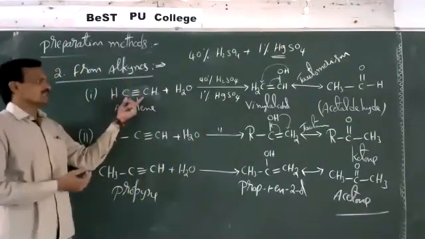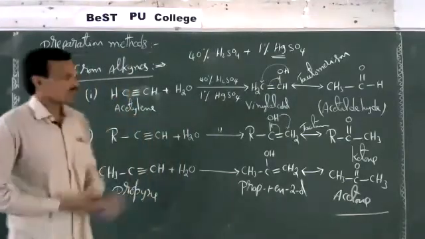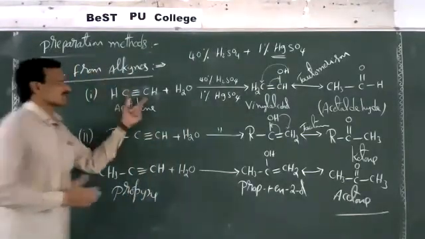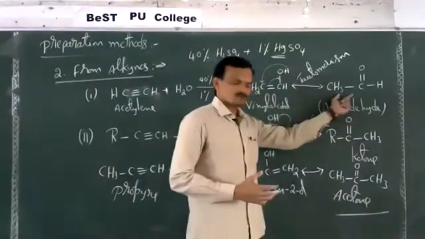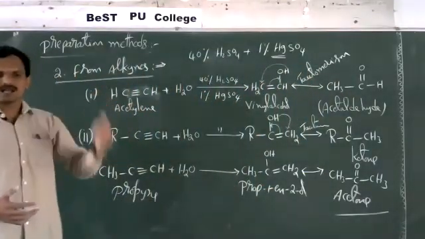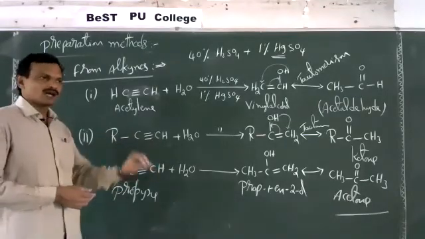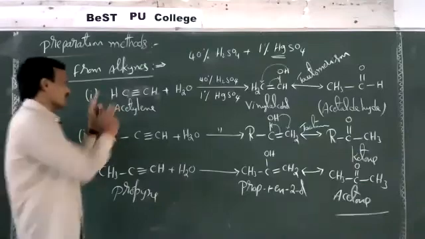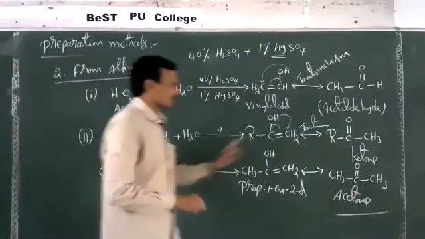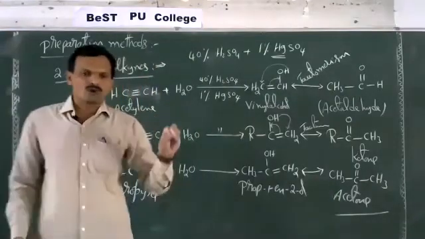So if you take propyne, you will get acetone. If you take acetylene or ethyne, you will get an aldehyde. Only acetylene can give acetaldehyde. Other than acetylene, if you take any other alkyne, propyne, but-1-yne, but-2-yne or any other, it always gives a ketone.